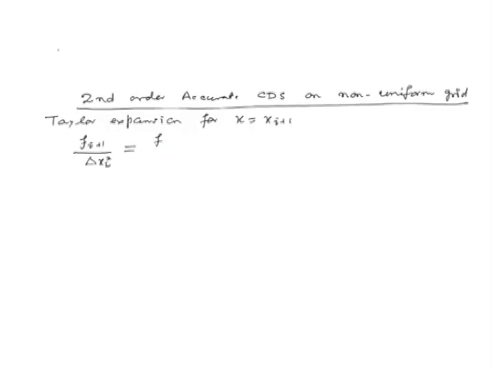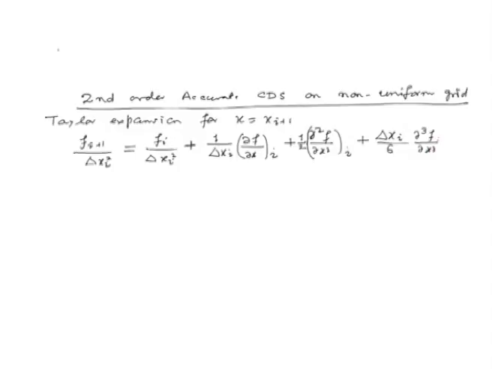So, this will become f_i divided by delta x_i squared plus 1 over delta x_i del f over del x at point i plus 1 by 2 del 2 f over del x square at point i plus delta x_i divided by 6 del cube f over del x cube at point i plus our higher order terms.